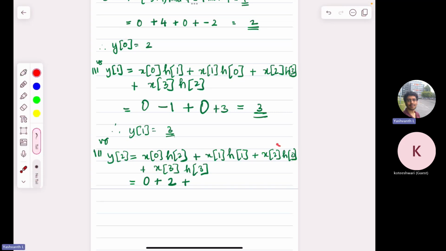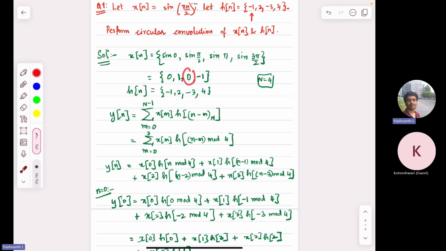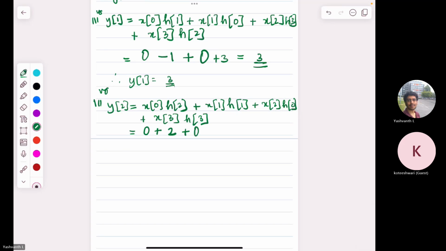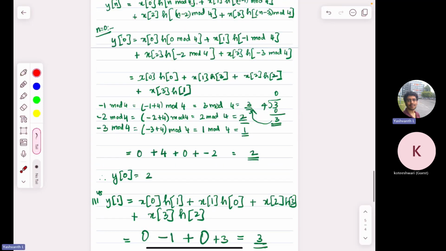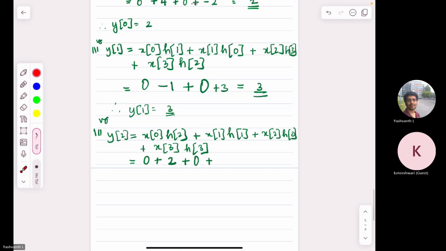Next is x of 2 into h of 0: 0 into minus 1 is 0. And finally, x of 3 into h of 3: 4 into minus 1 is minus 4. So this is nothing but 2 minus 4, which is equal to minus 2.